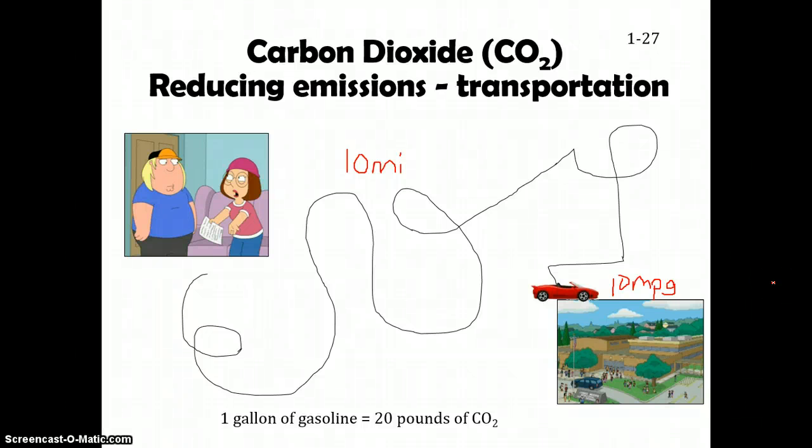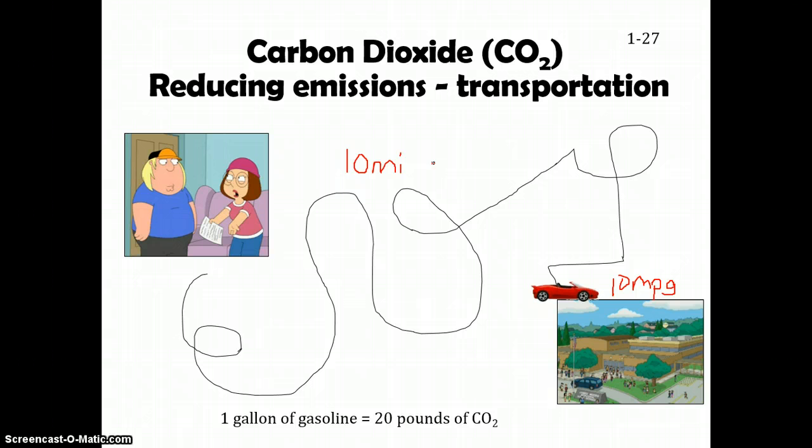So if this car just traveled 10 miles, so again the route is 10 miles, and the car itself gets 10 miles per gallon, that means that this car burned 1 gallon of gas to go from home to school. Again, this route is 10 miles long. This car gets 10 miles per gallon. So if I asked you how many gallons of gas this car used, you would say it used 1 gallon of gas.